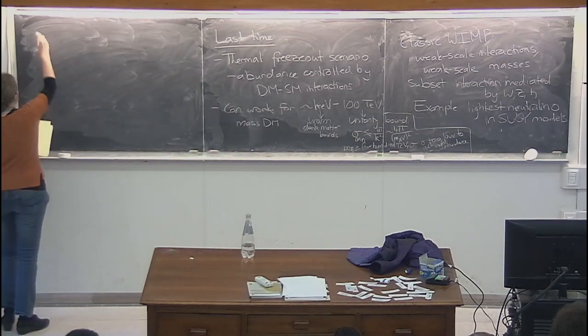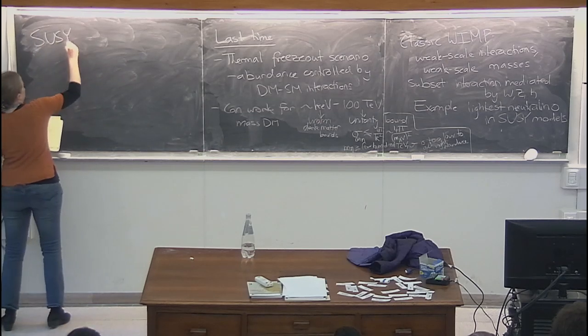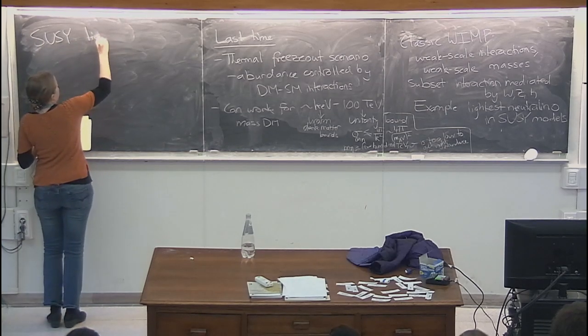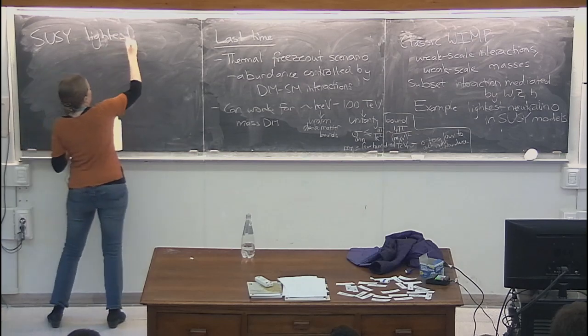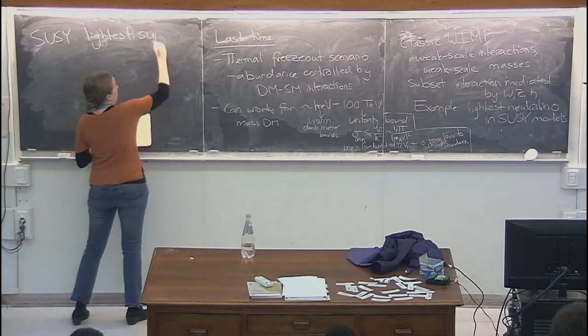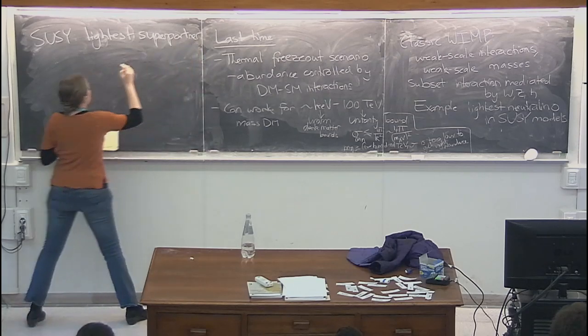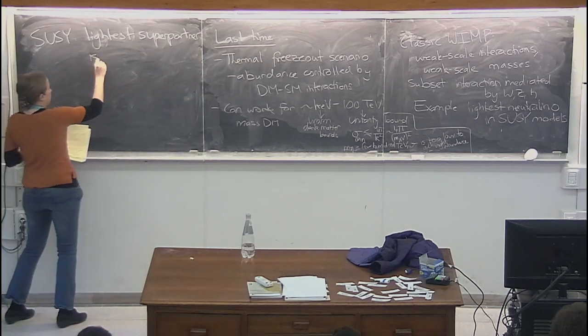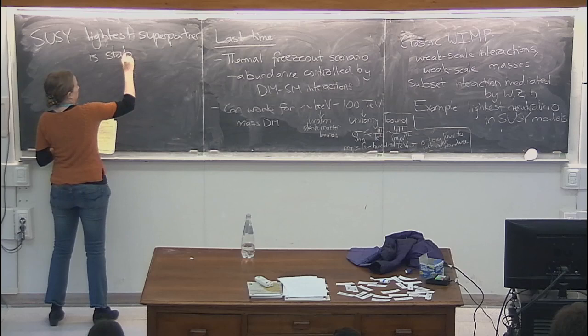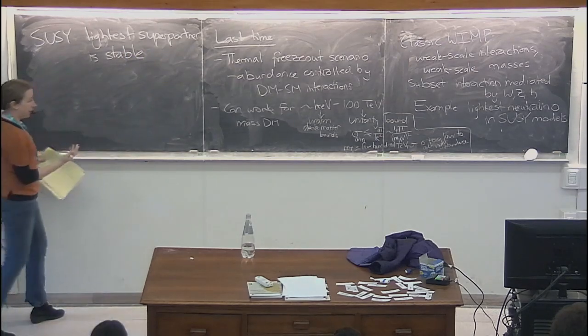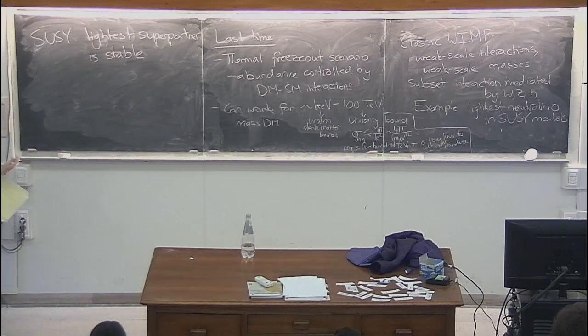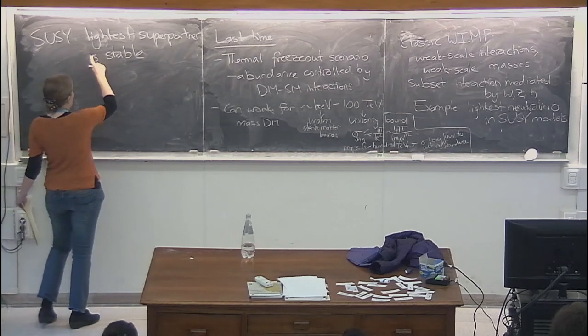So in SUSY, there is a lightest superpartner particle, a lightest particle with R parity odd. So the lightest superpartner is stable because R parity is conserved. If you've got something with R parity odd, it can't decay into purely R parity even particles.